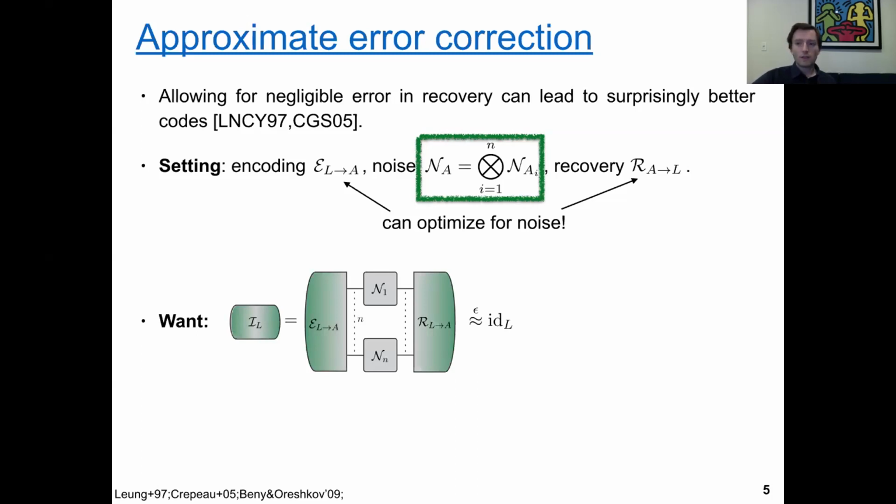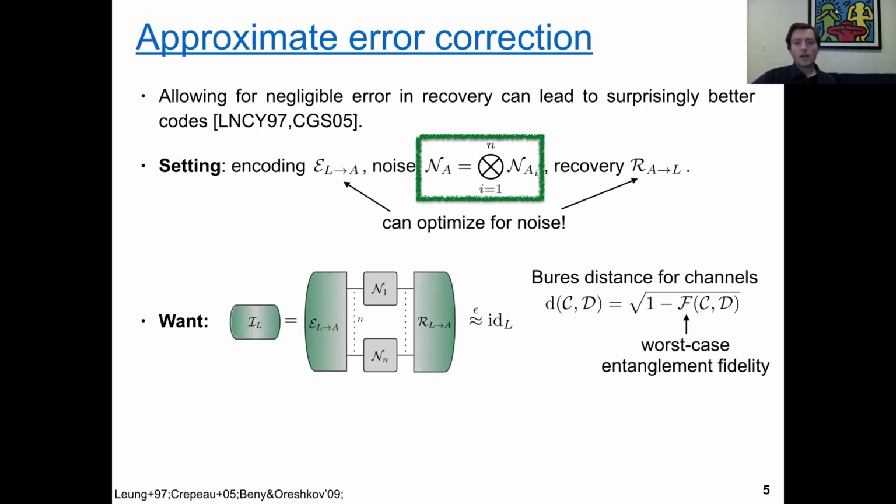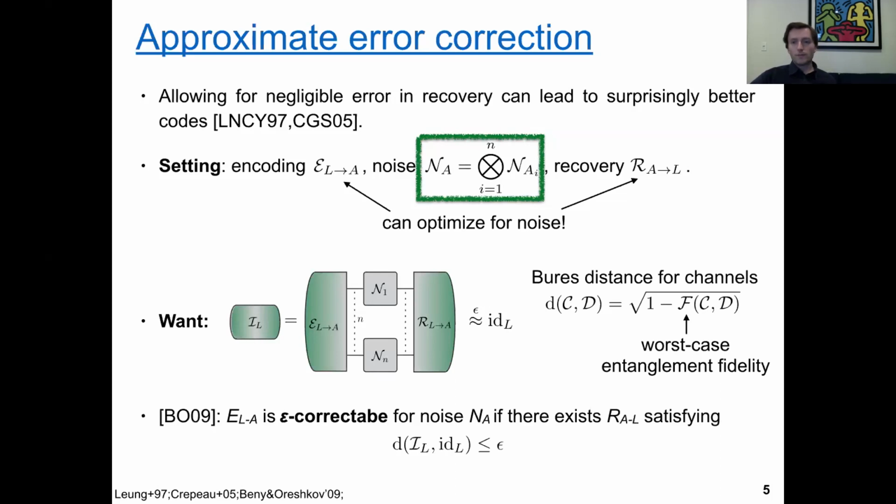And one can make it more precise if we use the notion of the Bures distance for channels. This is a distance measure which uses the worst case entanglement fidelity for two channels. So Beny and Oreshkov a couple of years ago introduced this notion of epsilon correctability.